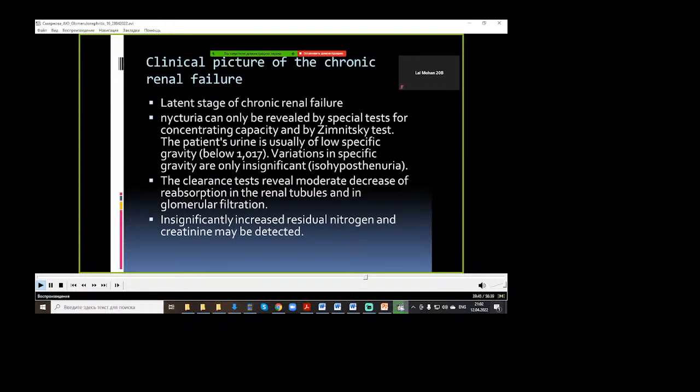So these patients are characterized by decreased concentration function of the kidneys and the presence of hypostenuria. The clearance test revealed a moderate decrease of reabsorption in the renal tubules and of glomerular filtration. Insignificantly increased residual nitrogen and creatinine may be detected. So this is the latent stage.